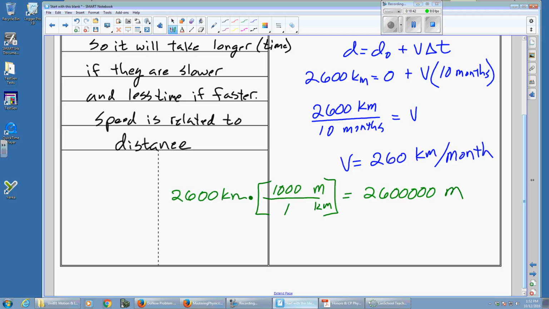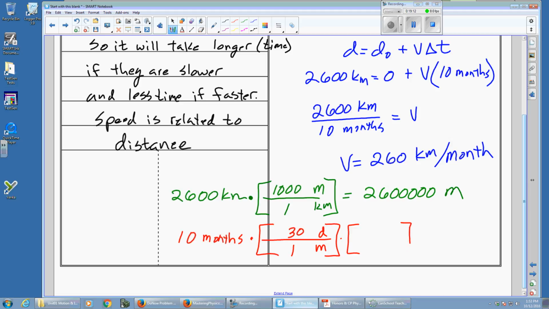Now I've got to get 10 months into seconds. So, does anyone know how many seconds in a month? No, okay. What do we know about months? Days. How many days in a month? 30. So let's put months down the bottom, days up top, 30 over 1. Now we're in days. Do we want to be in days?